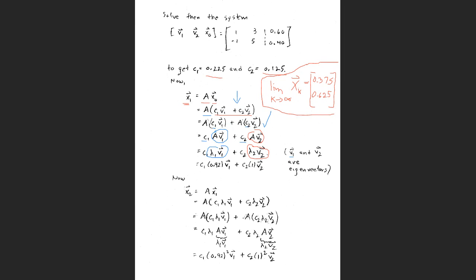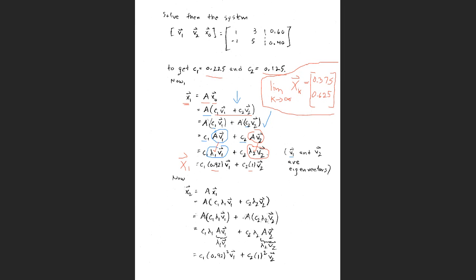And so the vector x sub 1 can be expressed then, well, we know what lambda 1 and lambda 2 are. Lambda 1 is 0.92 and lambda 2 is equal to 1.